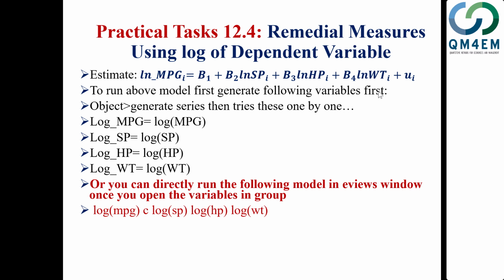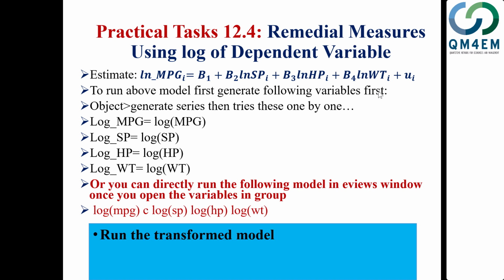Similarly, you write c, then log of sp instead of sp, log of hp instead of hp, and log of wt instead of wt, and then you press OK. It will give you the double log results directly. So you can use either of these procedures. The second procedure is obviously more convenient and easy, and we have never used it in the past, so I'm going to apply that in Eviews.